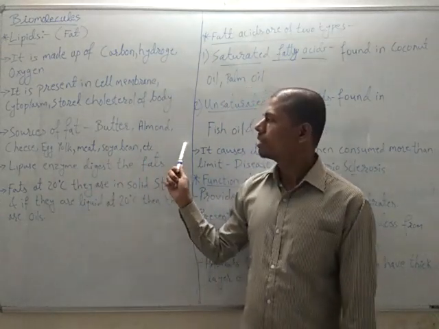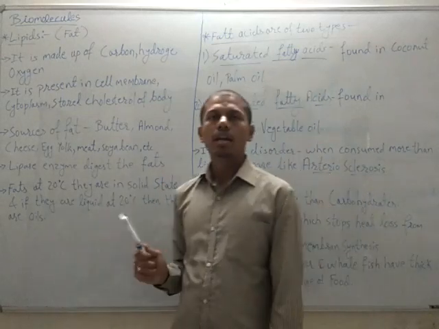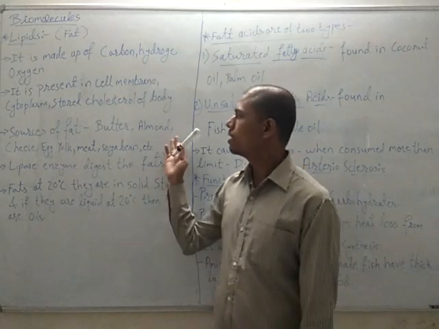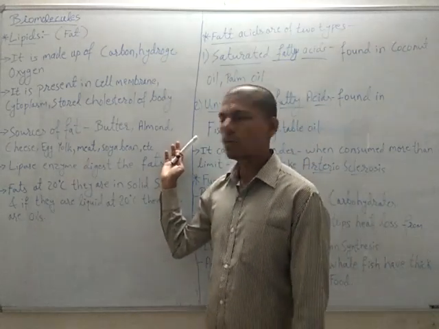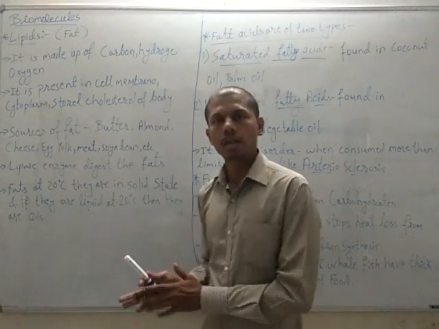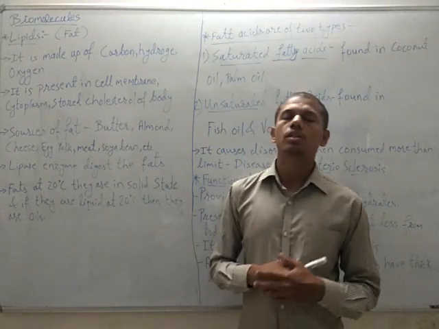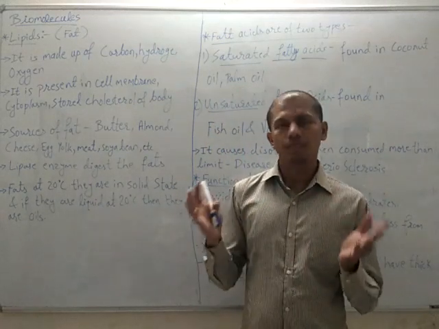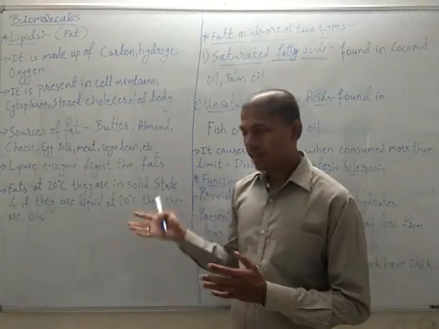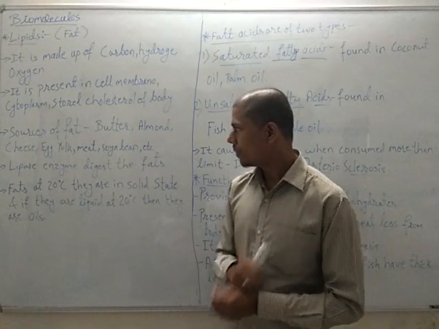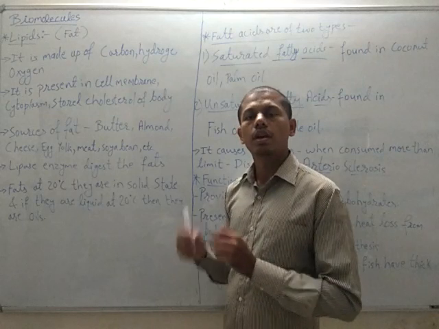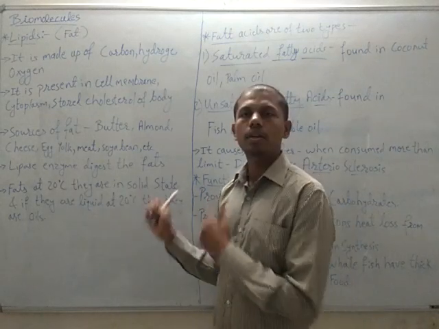When we eat these fat products, the enzymes digest this kind of food. Food is digested by digestive enzymes in our body. Our digestive system has different types of enzymes which digest the food. For digestion of proteins there are different enzymes, and for digestion of carbohydrates there are different enzymes.